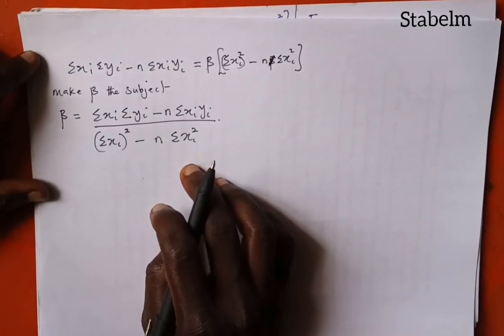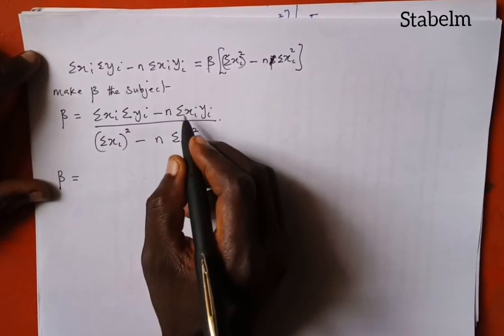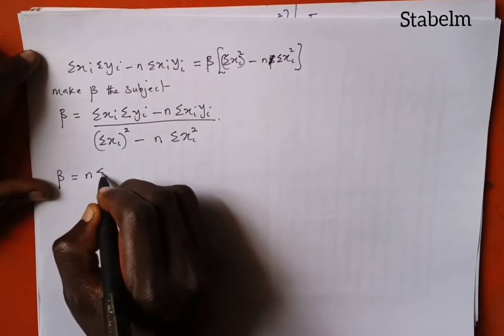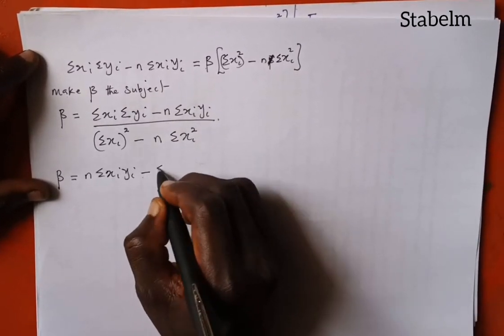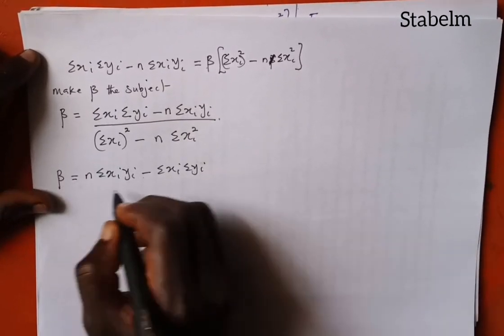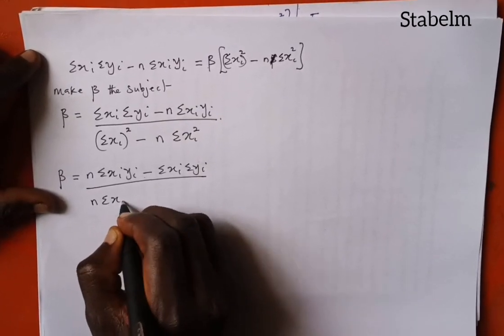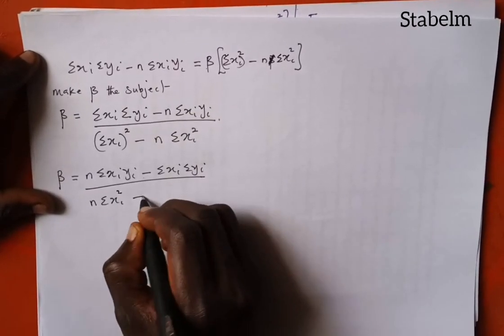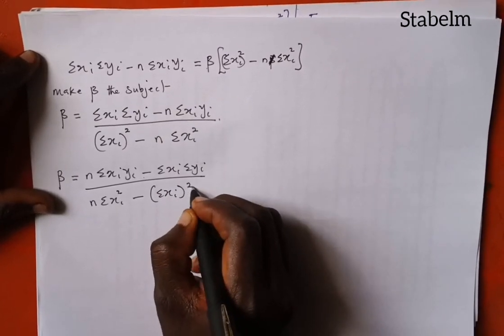So we can write it this way, or better still write it in this format. Beta equals n summation xi yi minus summation xi summation yi divided by n summation xi square minus summation xi all square.